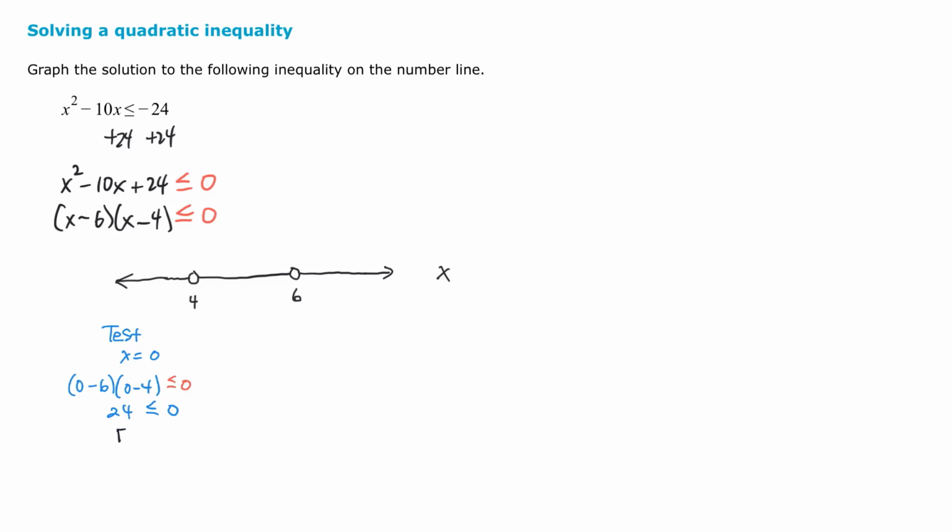So if it gives you a false inequality, that means we do not shade that part of the number line. Let's test x equals 5. If we test, let's say, x equals 5, we get what? We get negative 1, and then we get positive 1.